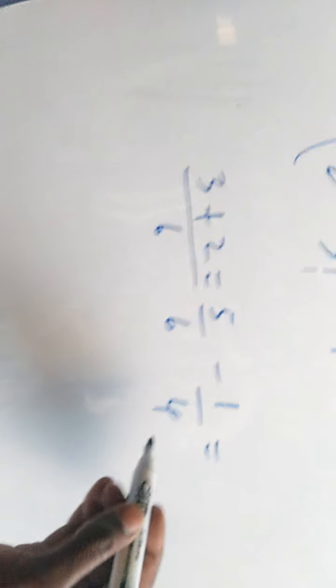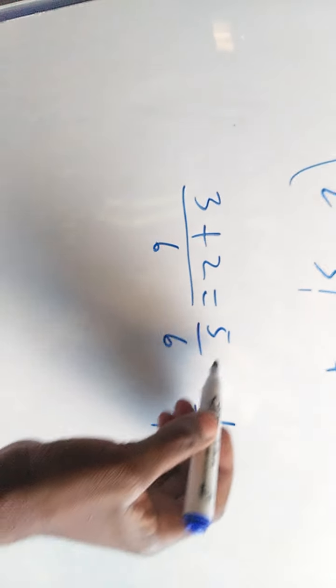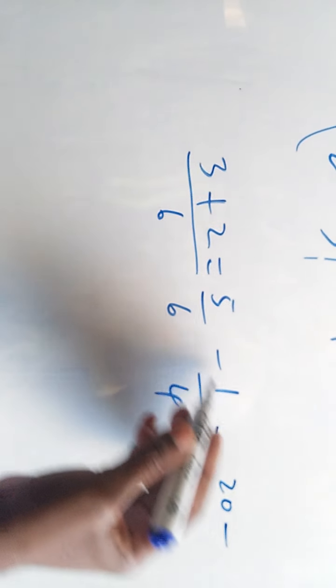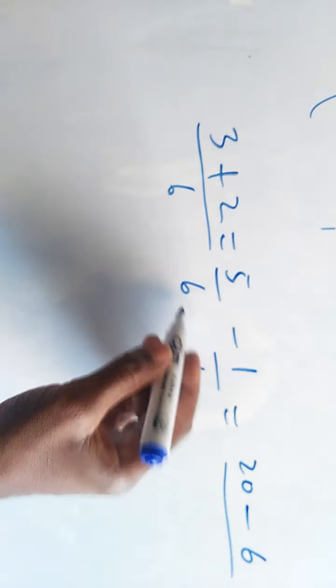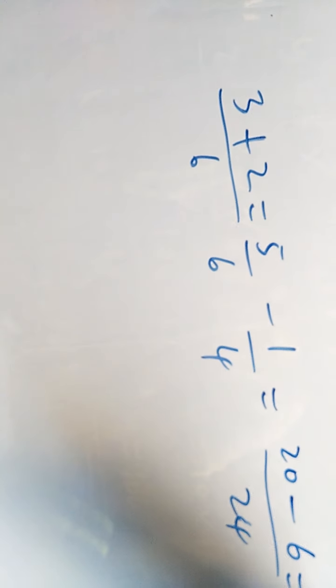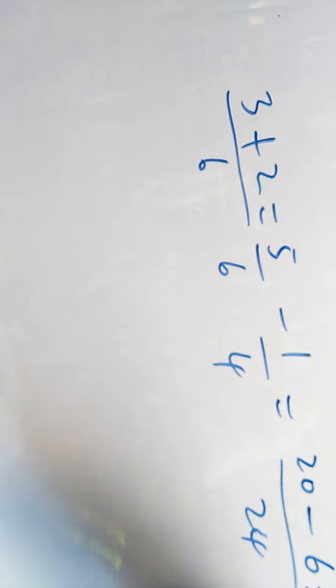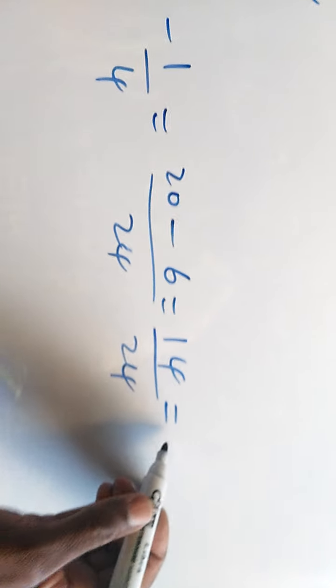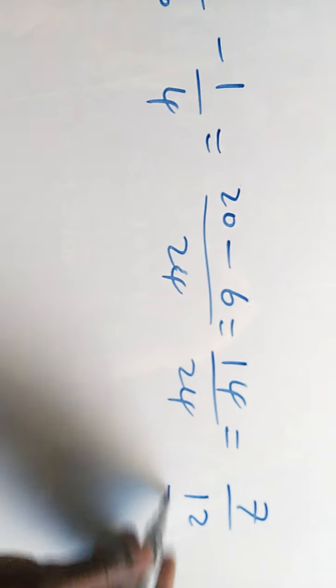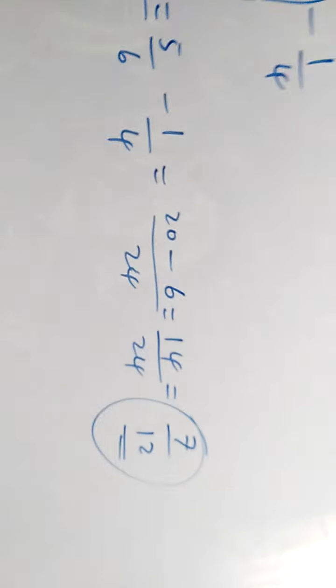I like this method of just multiplying the diagonals. 4 times 5, you have your 20, take away 6 times 1, 6 times 4. You have your 14, you have your 24. Half of 14 is 7, half of 24 is 12. There goes your answer.